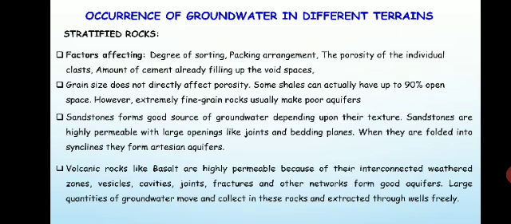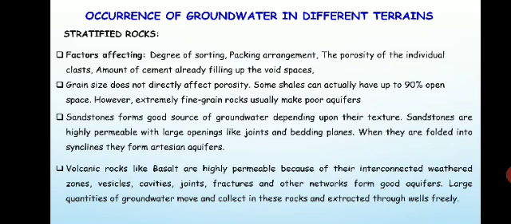So the factors which affect these sedimentary rocks include the degree of sorting, whether they are poorly sorted, whether all the grains are equal in size, or some grains are bigger and some smaller. That is called the degree of sorting.